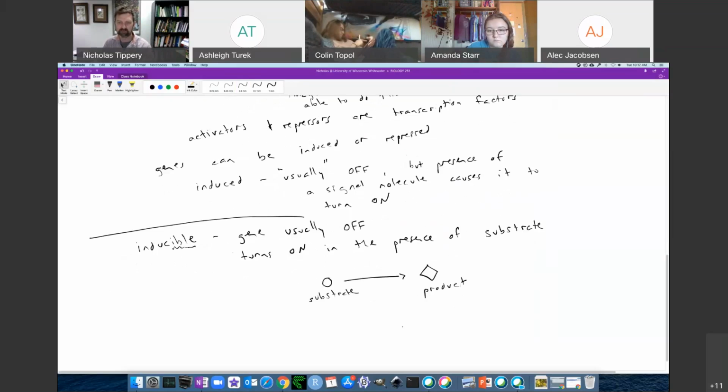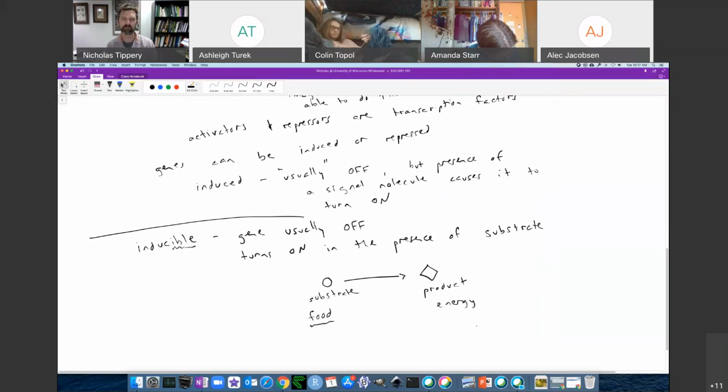When we think about this reaction of converting substrate into product, it's basically the process of finding a food source or responding to the presence of a food source. Let's say it's a rare food source. This is the cellular equivalent of getting your salad fork, I guess, or what's a rare food?